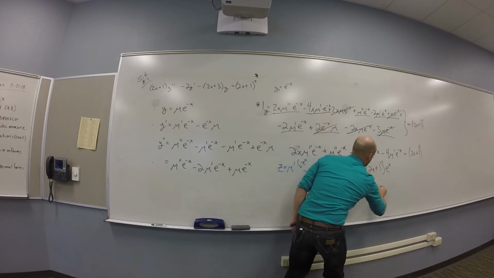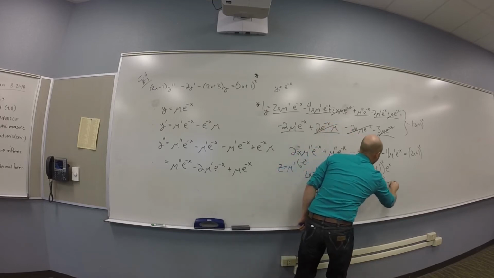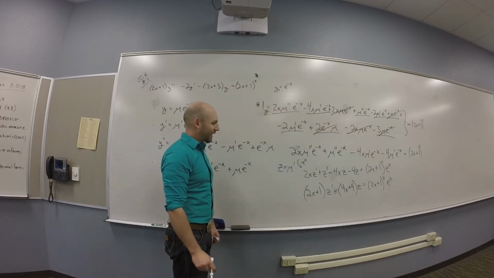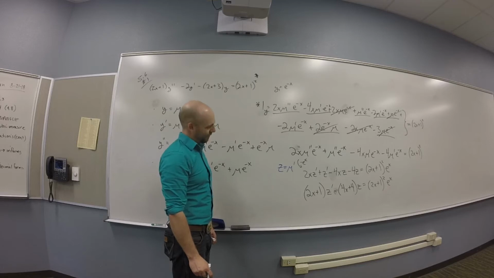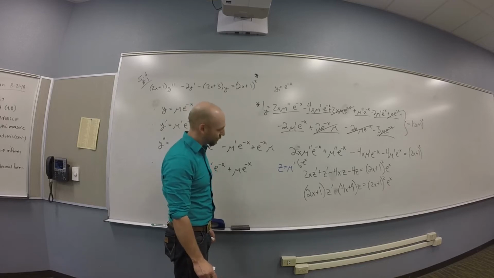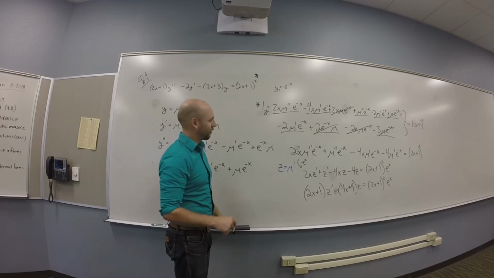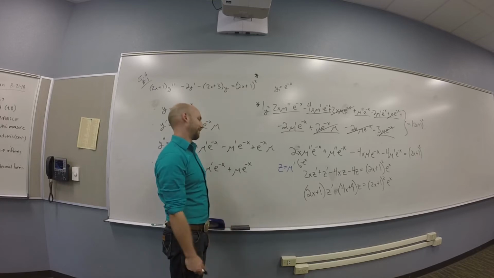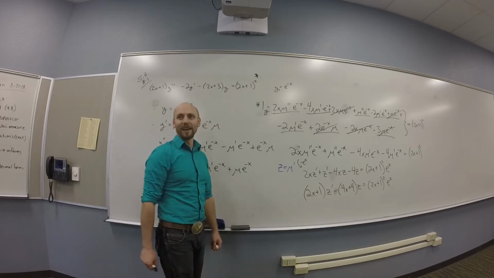I'm liking the look of that 2x plus 1. I'm liking the look of that 2x plus 1 too. In fact, I really wish that was a 4x plus 8, don't you? Or 8x plus 4. Did I screw that up or is that just the way it is? No, it's kind of a bummer.